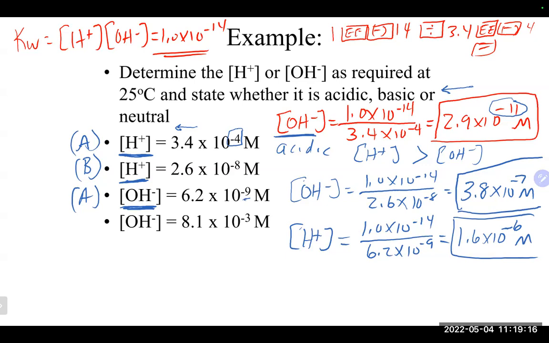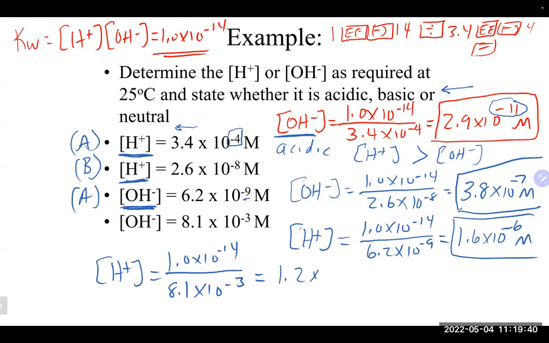And lastly, our last calculation here, same thing. We're going to do our H plus equals 1 times 10 to the minus 14 divided by the OH minus, 8.1 times 10 to the minus 3. Going to get us 1.2 times 10 to the minus 12, it looks like.